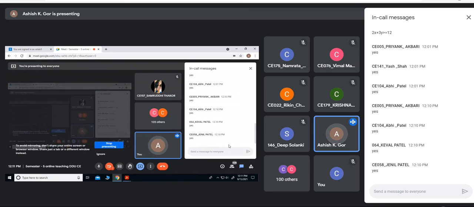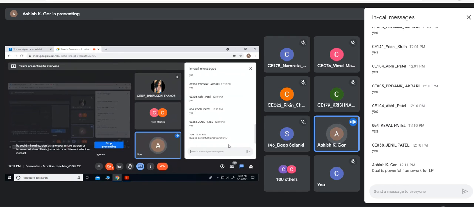So remember the rules, and you can directly convert the primal to dual or vice versa. I want to mention one thing: this dual is a very powerful framework for solving linear programs. Many times, rather than solving the primal problem, it is much more convenient to solve the dual problem.